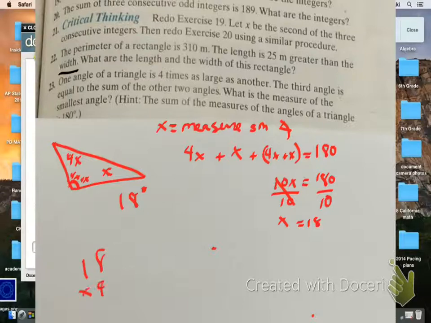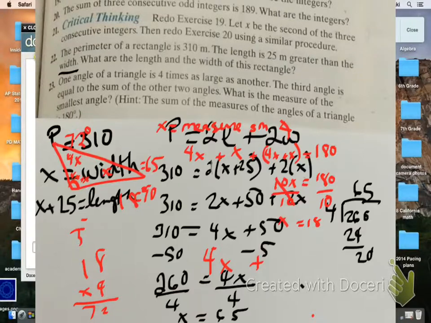18 times 4 is 72. And then I've got my third angle is 4x plus x.